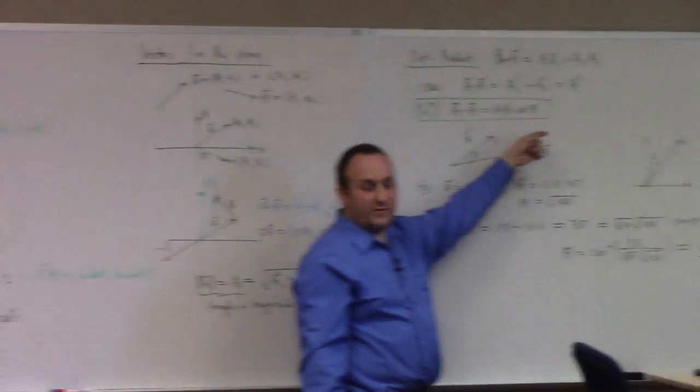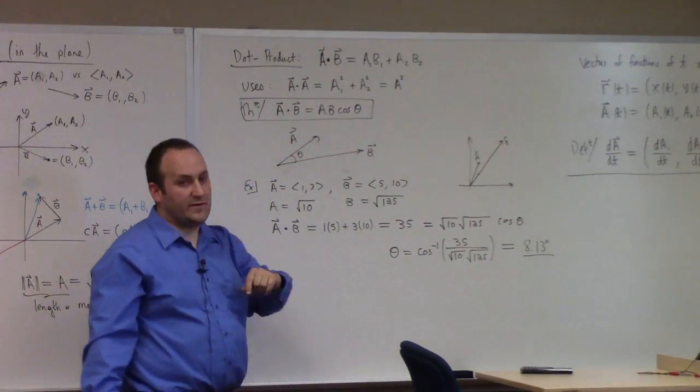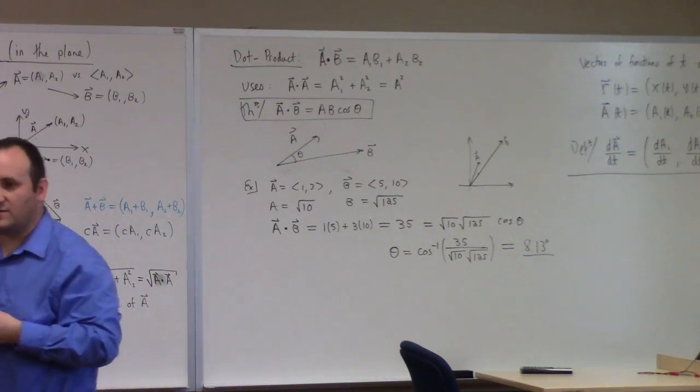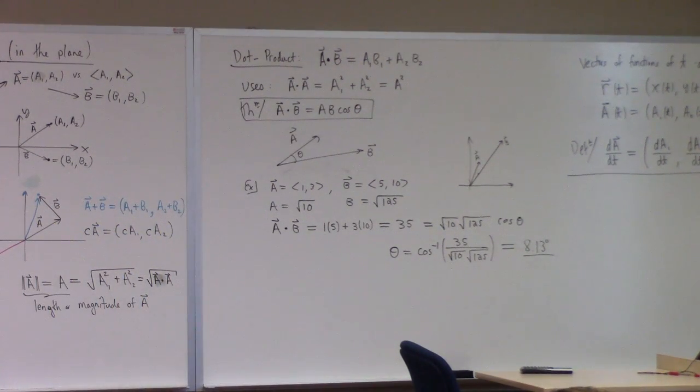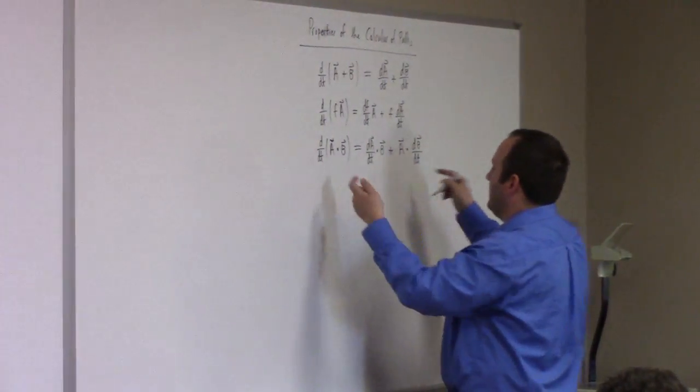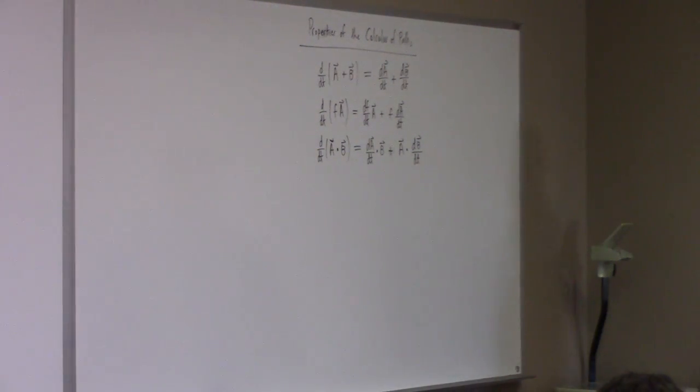Pi over 2. So if you want to characterize when vectors are perpendicular, just check if their dot product is 0, and that tells you that. Anyway, I hope you study Frenet's theory of curves next semester. If you do, you'll find that this dot product is very revealing about many geometric things.